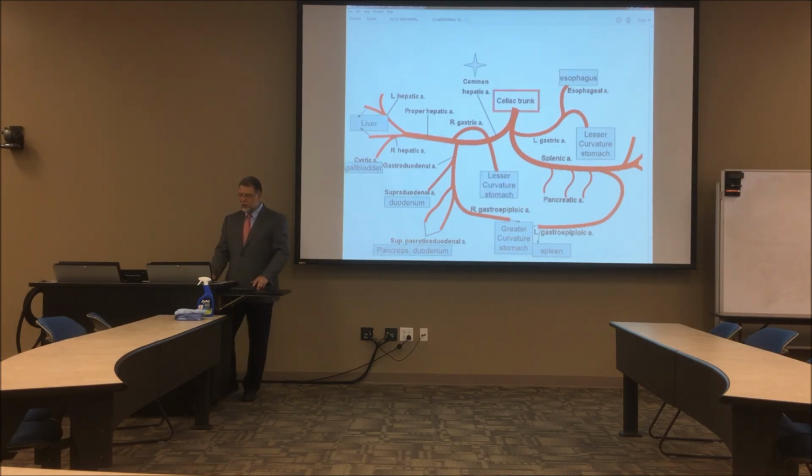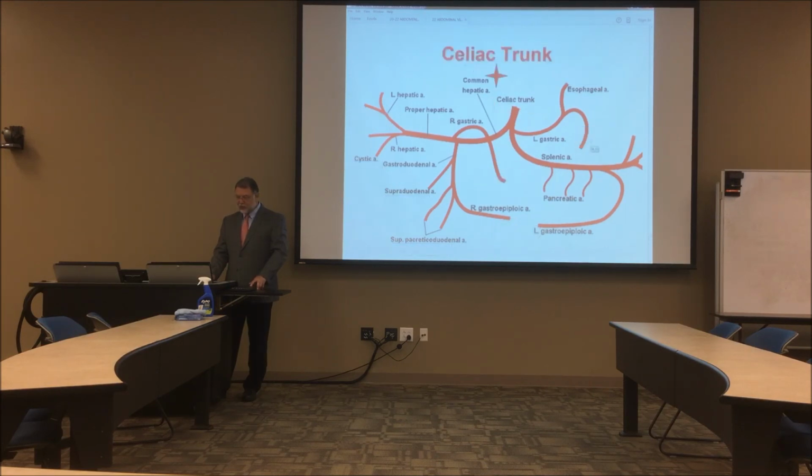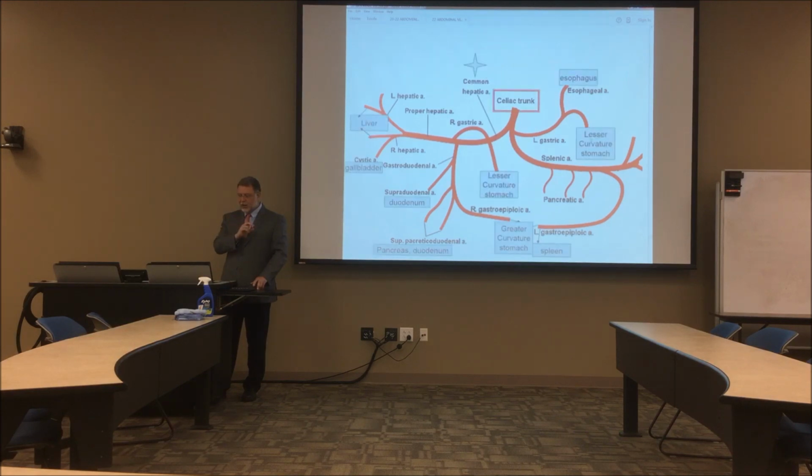So here are the structures that are receiving blood supply from these specific arteries. So just connect, for example, this one, try to make a point that you understand by the names of those arteries where they go.